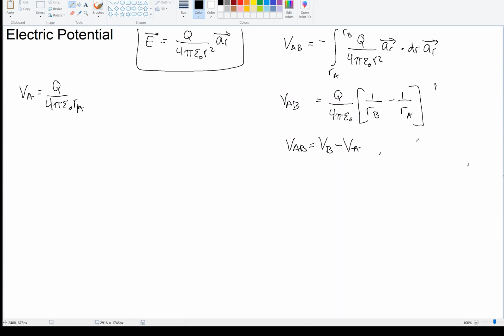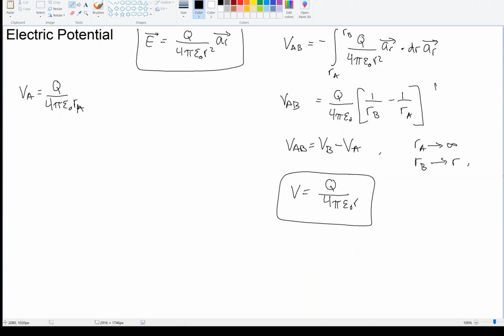So if we let RA go to infinity, and then we're just going to call RB just R, then we can drop the subscripts. So the potential then we would say is Q over 4 pi epsilon 0 r. That's due to a point charge. Take the charge divided by 4 pi epsilon 0 and the distance away.